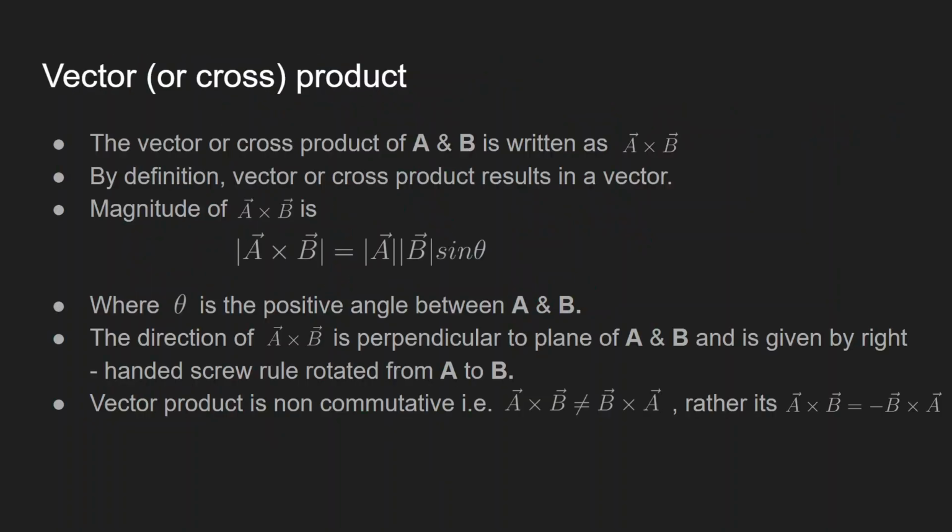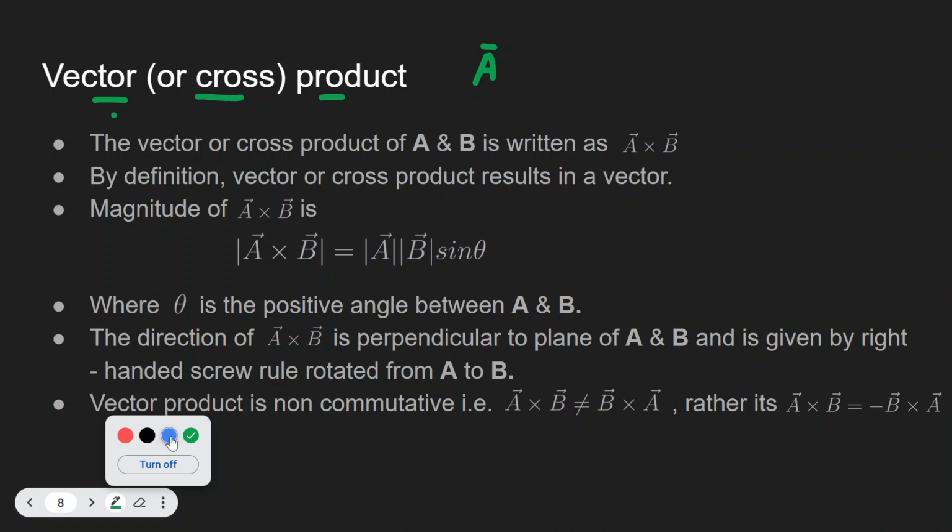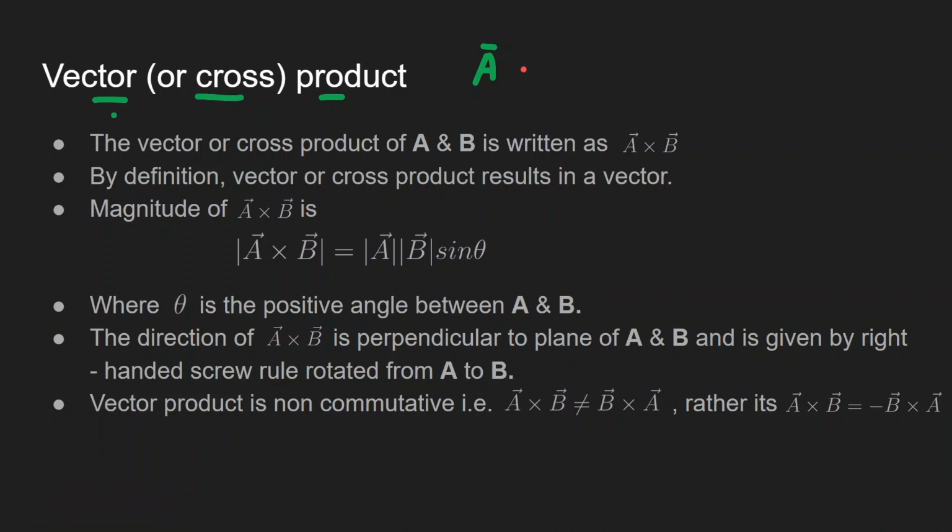Now next is the vector or the cross product. It is also called the cross product. This is a product, but it gives me a vector. So if I have two vectors A and B and I do some operation on them, I will get a result, and this result is a vector quantity.